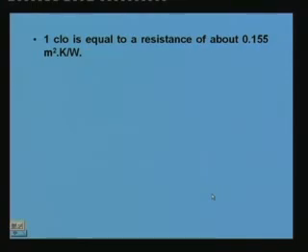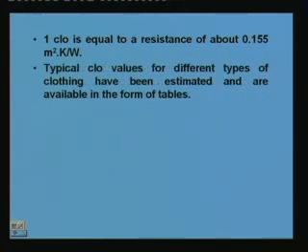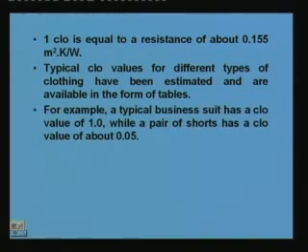1 clo is equal to a heat transfer resistance of about 0.155 meter square Kelvin per watt. Typical clo values for different types of clothing have been estimated and are available in tables, for example in ASHRAE handbooks. A typical business suit has a clo value of 1, while a pair of shorts has a clo value of about 0.05.